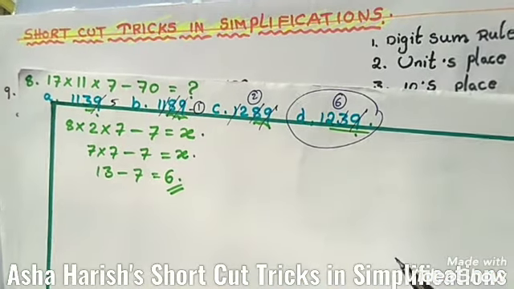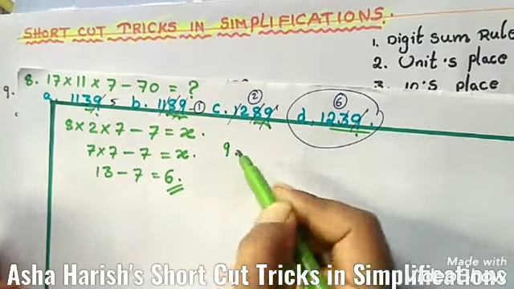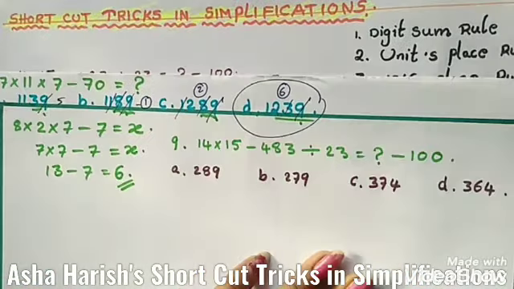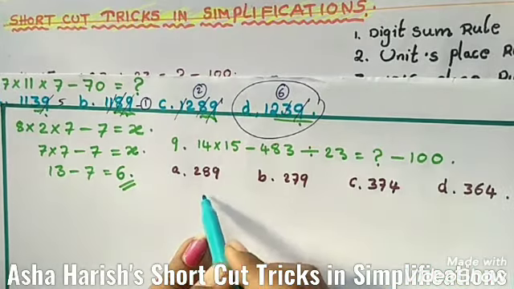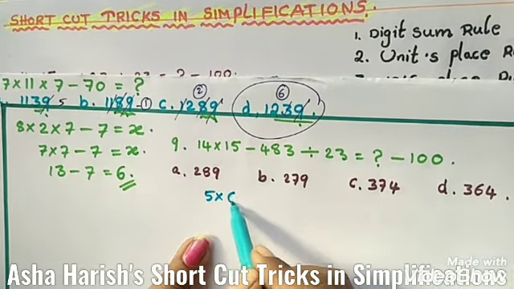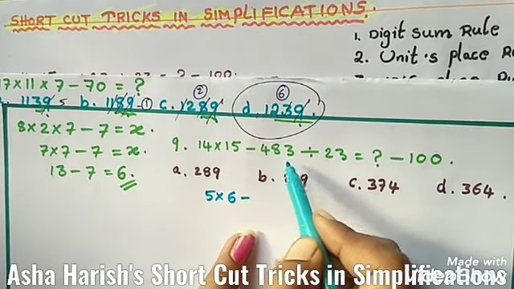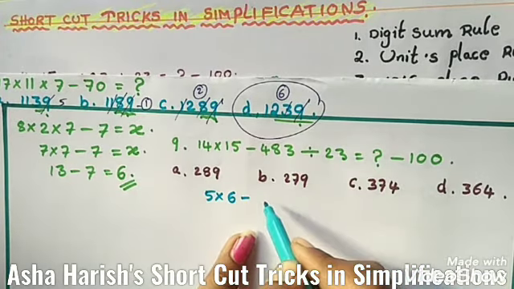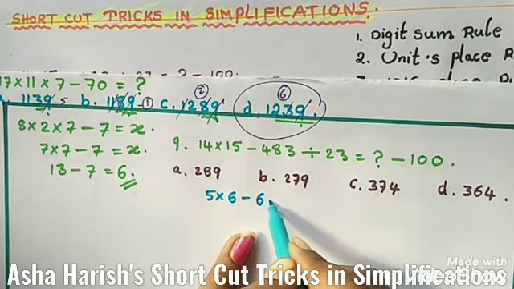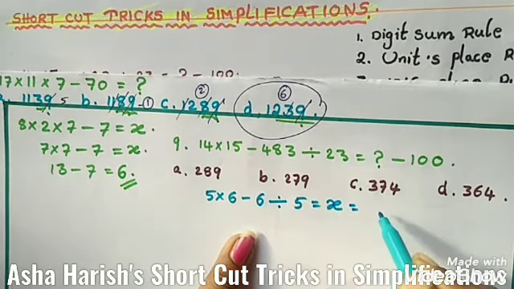Okay, let us see question number 9. Here I am going to write question number 9. In this question, if you apply the digit sum rule, 1 plus 4, 5 into 1 plus 5, 6 minus 4 plus 8 plus 3. 4 plus 3, 7. 7 plus 8, 15. 15 means 1 plus 5, 6 divided by 2 plus 3, 5 is equal to x minus 1 only.